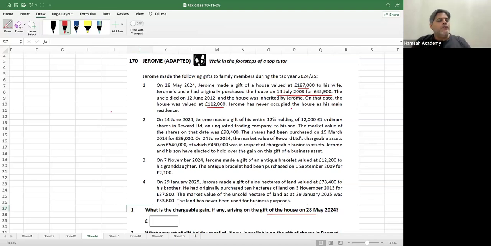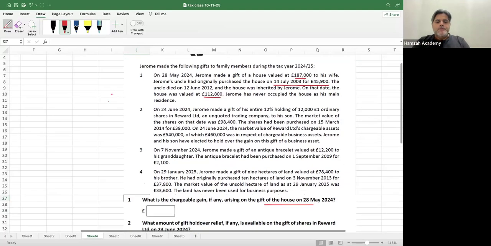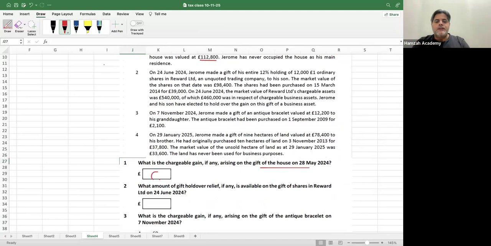So even if you are provided with a market value or the proceeds, they are over there just to divert you from the core understanding. So the gift of the house is not going to give rise to any gain or loss because it's a transfer between the spouses, so the amount is going to be zero over here.